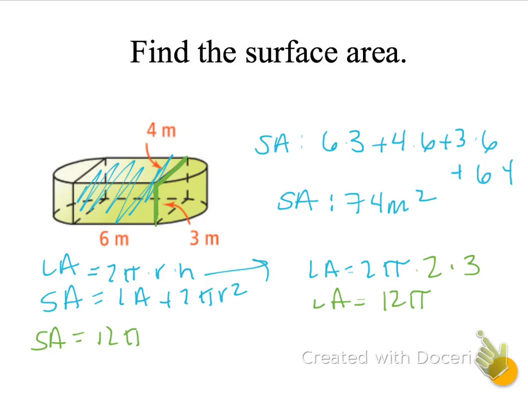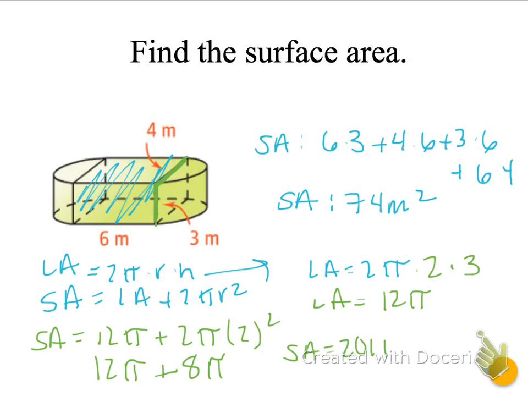Then 12 pi plus 2 pi times my radius, 2, squared. 2 squared is 4, 4 times 2 is 8. 12 pi plus 8 pi, we got 20 pi.